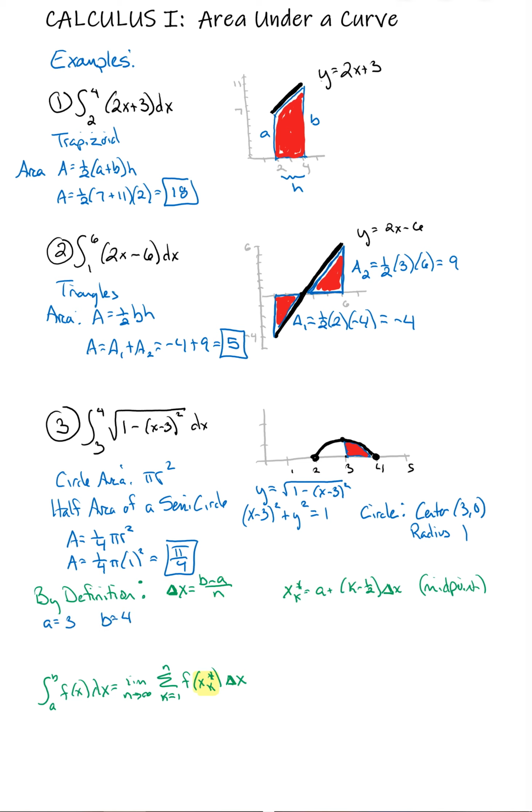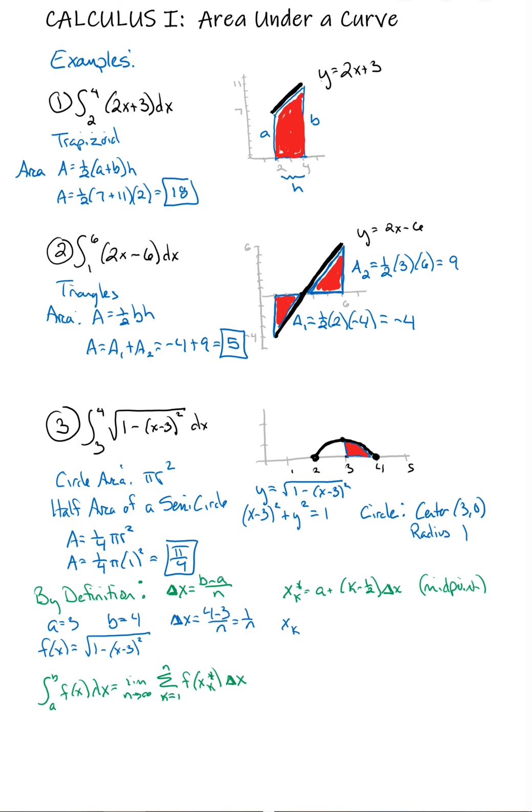Again, this is still example 3. My function f of x is this crazy thing, square root of 1 minus the quantity x minus 3 squared. So what about delta x? Well, b minus a over n, 4 minus 3 over n gives us 1 over n.